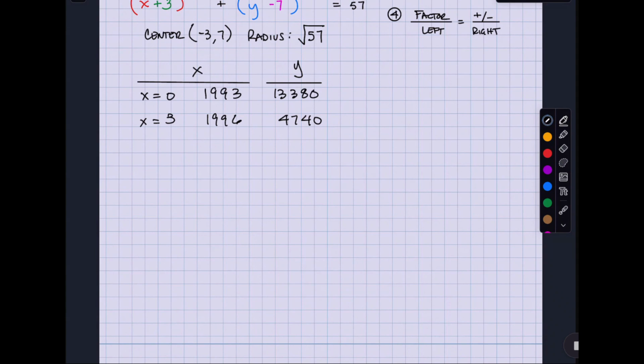Okay, so the next line is the key line here. Ready? Write a linear equation. Here, let me translate that for you: write an equation of a line.